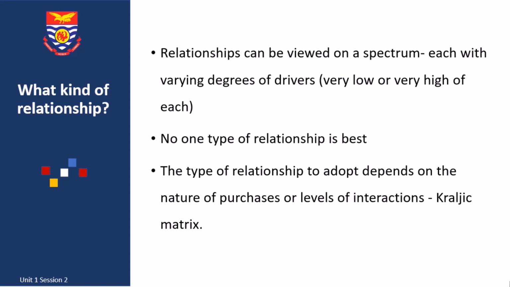So the matrix, among other matrices, helps to determine the right type of relationship depending on the nature of purchases or the level of interaction between parties. So there is no one single best relationship to adopt, but the nature of relationship to adopt depends on the type of goods or the nature of purchases that the organization engages in with their supplier or with their customer.